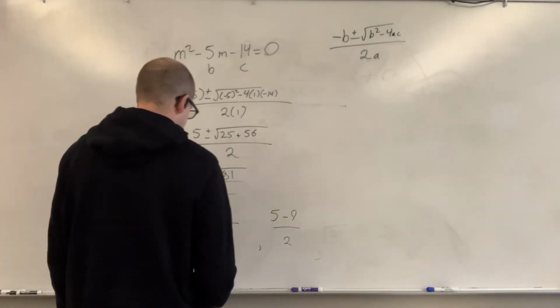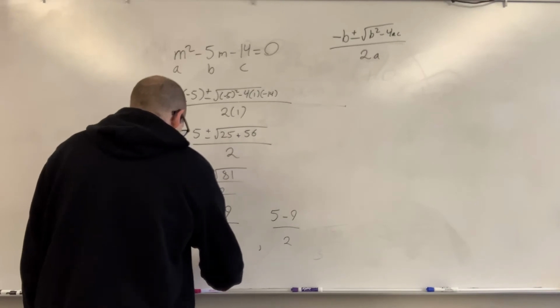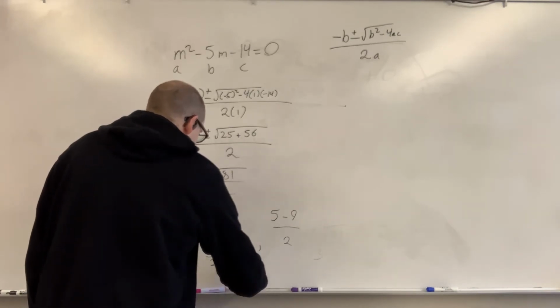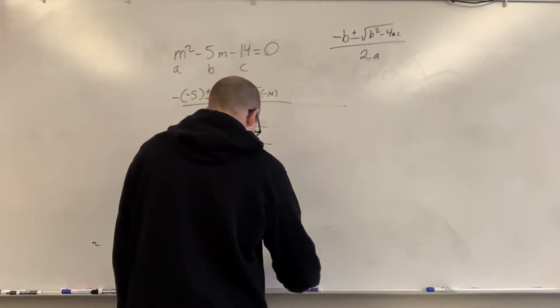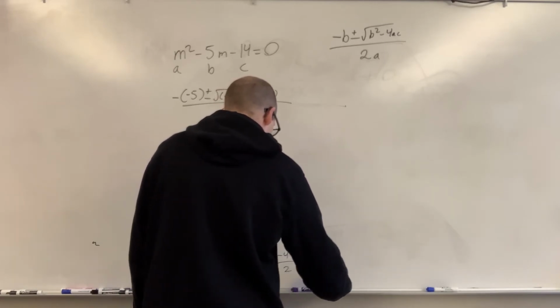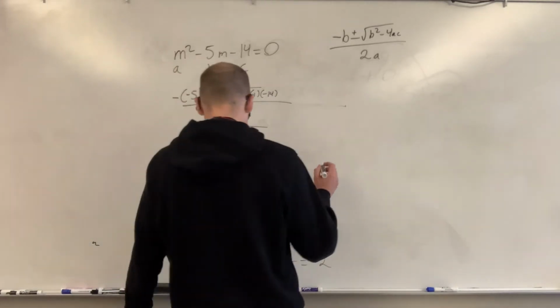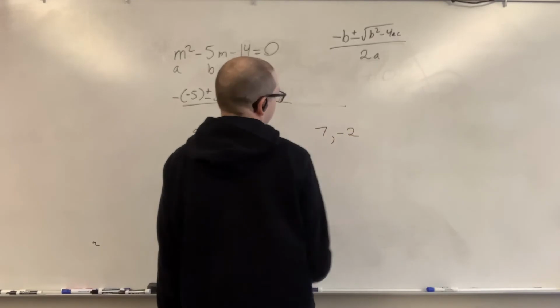So 5 plus 9 over 2 is the same as 14 over 2, which equals 7. And 5 minus 9 is the same as negative 4 over 2, which is negative 2. That means that our answer for this is going to be 7, negative 2.